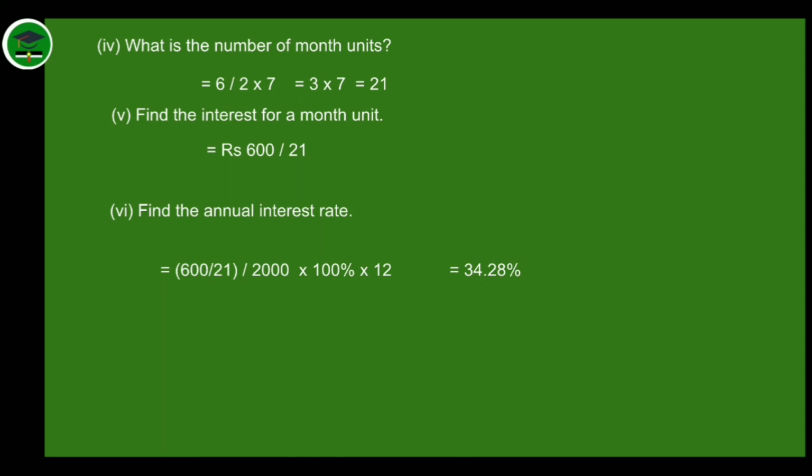Now you have to check for 100 rupees, that is the percentage, and we multiplied it by 12 because we need to find the annual interest rate. That's why we multiplied it by 12. Then you can get 34.28%. That is the annual interest rate.